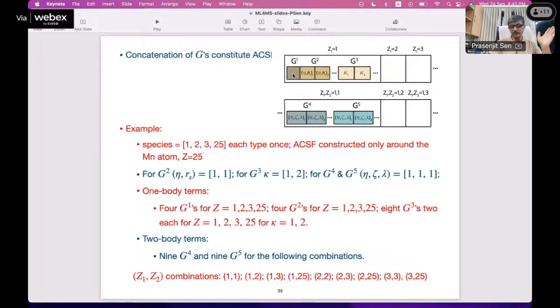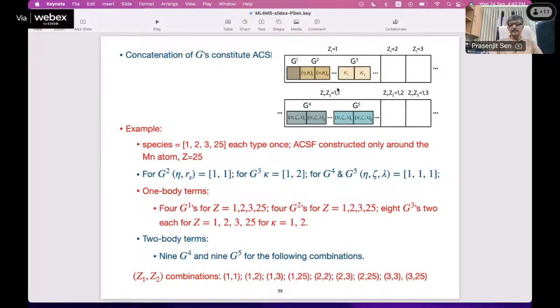So g1 for z1, then g2 for different sets of eta RS put together, then g3s for different values of kappa put together, and so on. Once you are done with the first element as neighbor, you go to the second element. The first element could be hydrogen, the next one could be oxygen. So you write all these quantities in the same sequence for oxygen, and so on, depending on what elements you have.